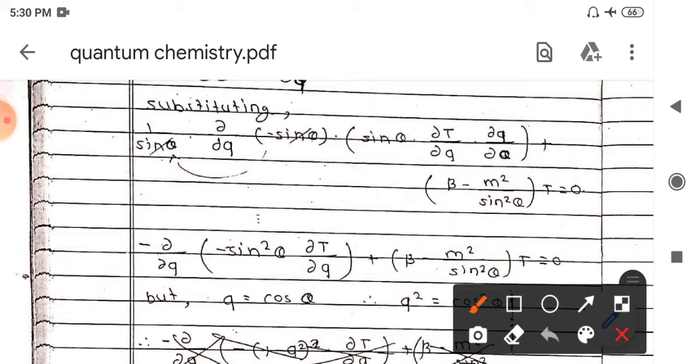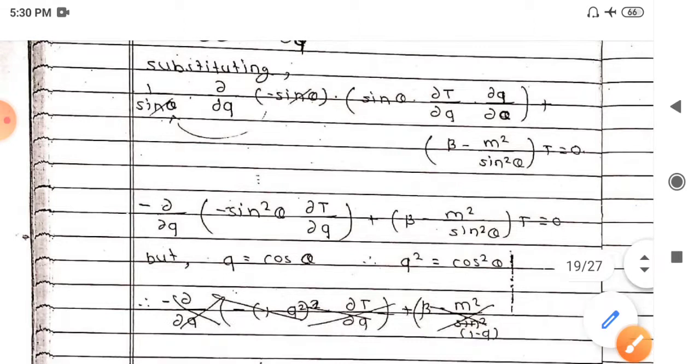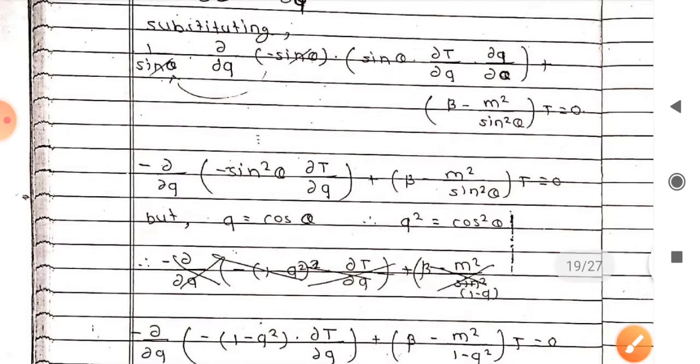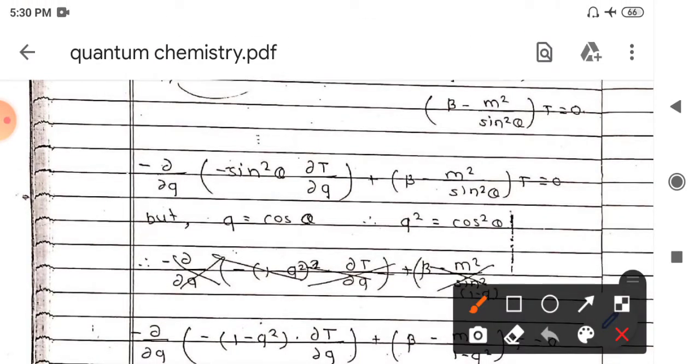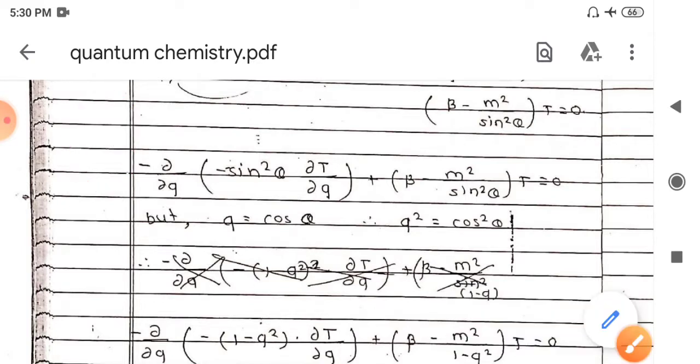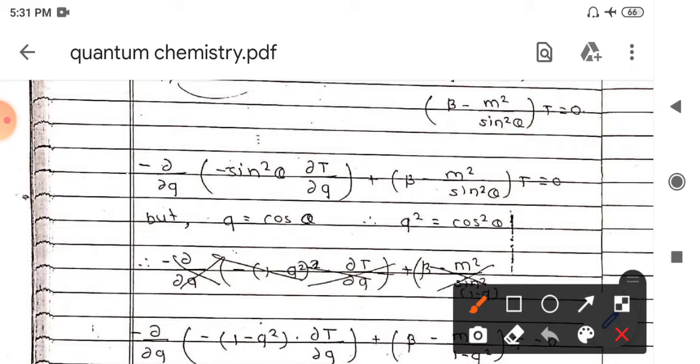So we have got the equation as 1 upon sin theta into del by del q of minus sin theta into sin theta dt upon dq into dq upon d theta, plus beta minus m square upon sin square theta t, which should be equal to 0. We have just substituted q and the various terms by using the chain rule of differentiation.